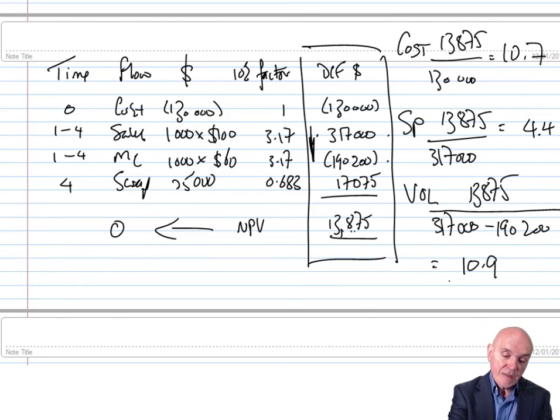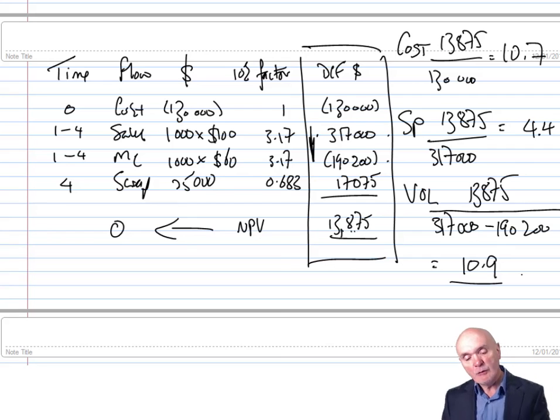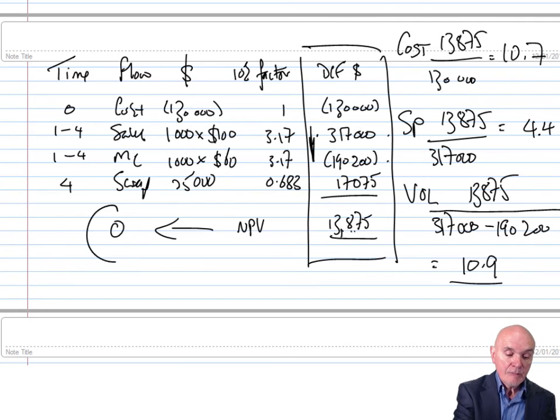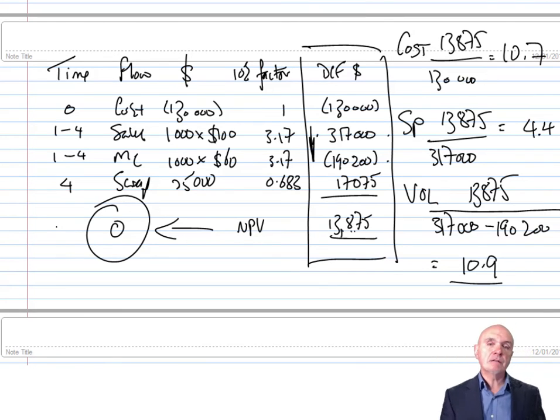So that's maybe not too bad. How likely do we think it is that the sales volume would fall by around 10 or 11%? If it fell any further, then this would become a negative NPV, and you'd be getting into territory where you would rather refuse the project than accept it.